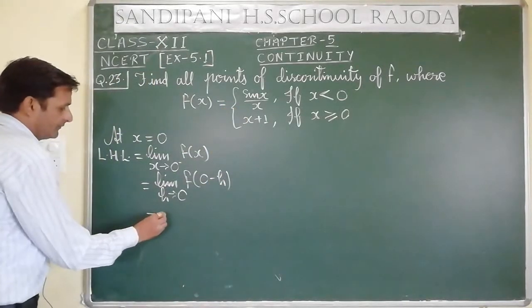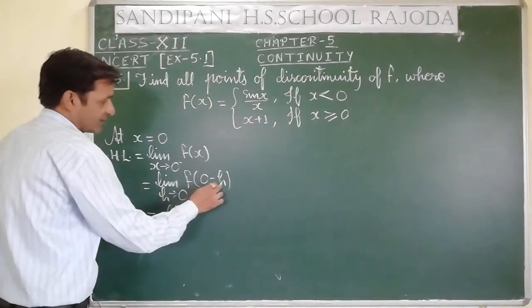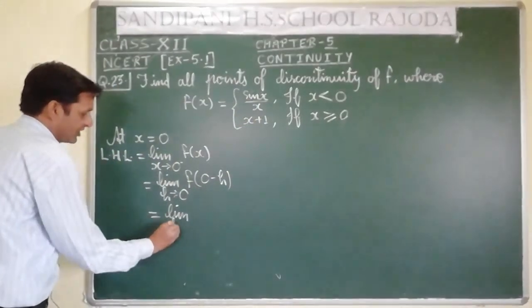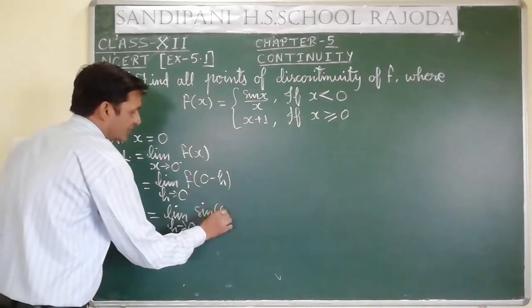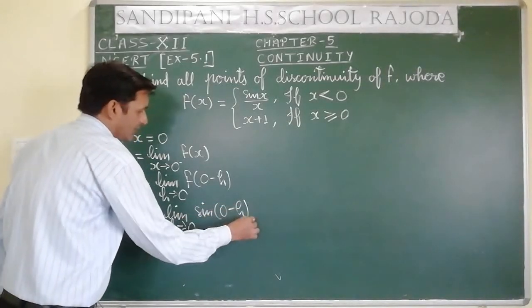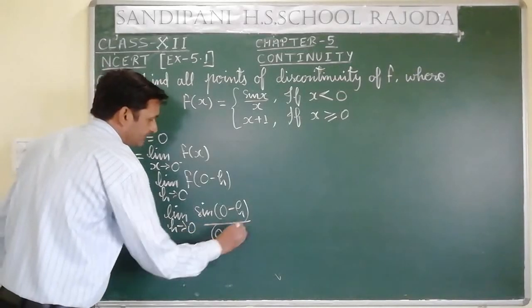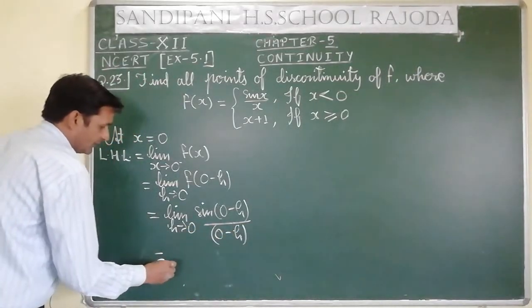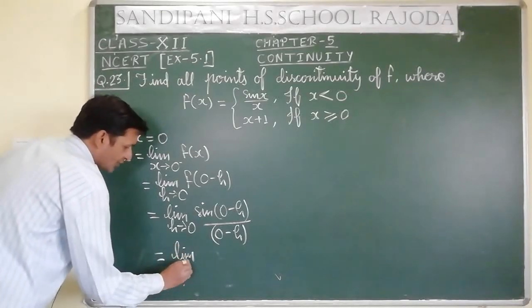So now we are putting in place of x this value 0 minus h, limit h tends to 0 sin of 0 minus h upon 0 minus h, that will be equal to limit h tends to 0.